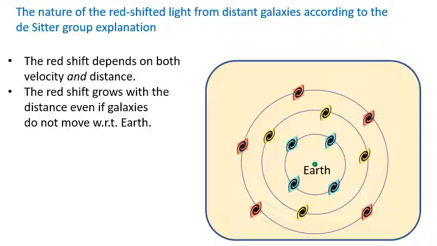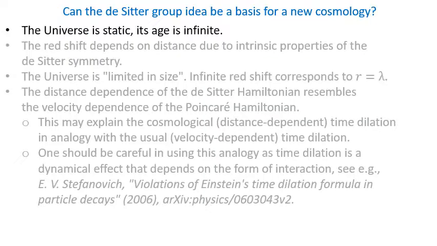Moreover, it grows with the distance in accordance with observations. This means that we don't need the Big Bang to explain the redshift. Our universe can be static. And the redshift may come from intrinsic properties of the de Sitter symmetry.